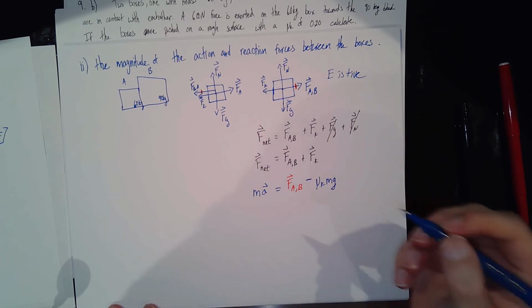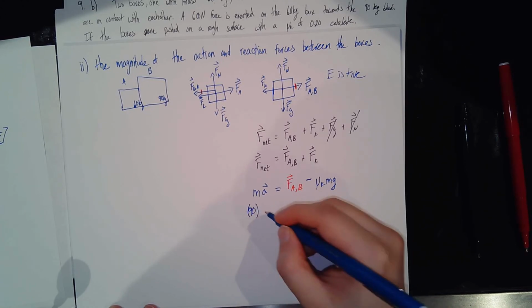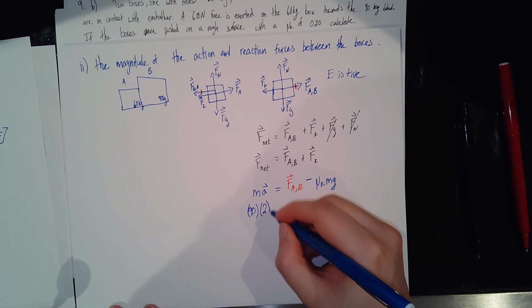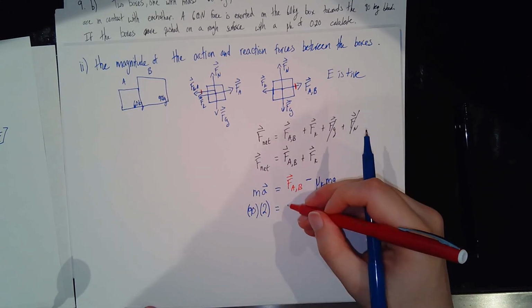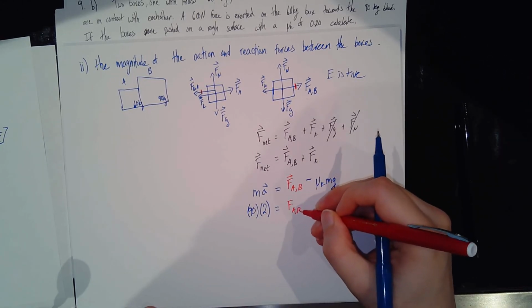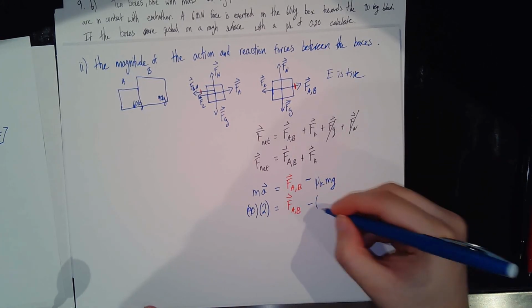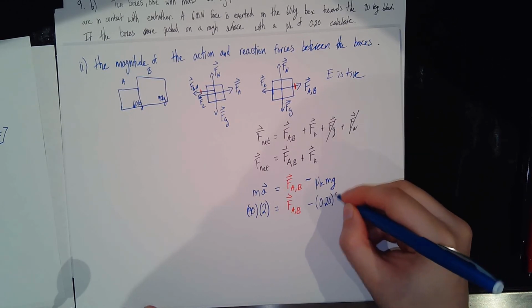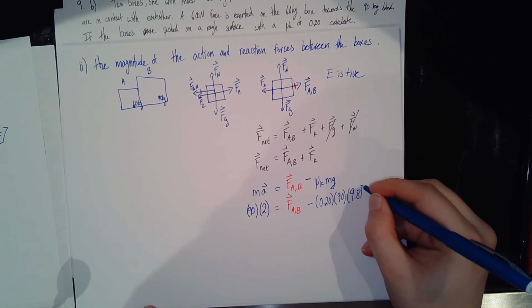And so now we can put some numbers in. So our mass is 90 kilograms for block B. Our acceleration, which we calculated in the previous problem, is 2 meters per second squared. Our F_AB, we're not going to rewrite. And our mu_k is 0.20. Our mass is 90. And g is 9.81.